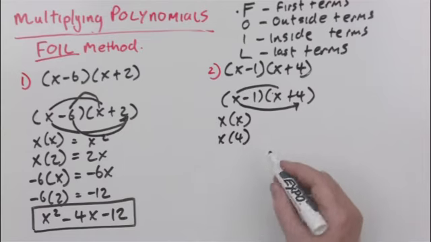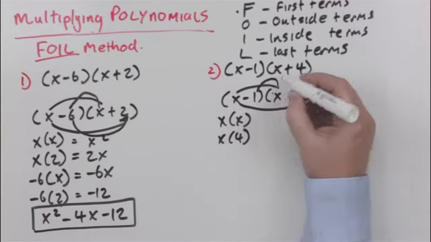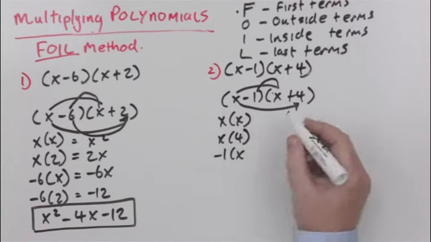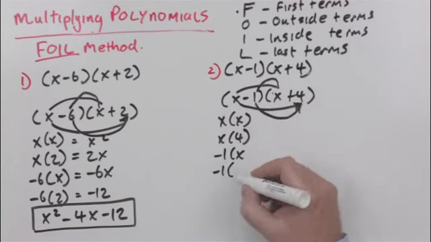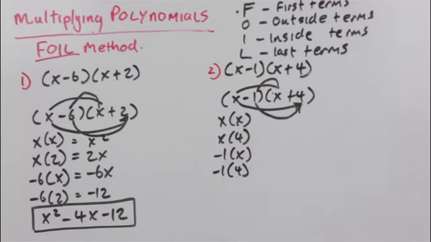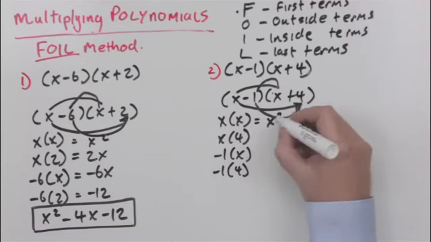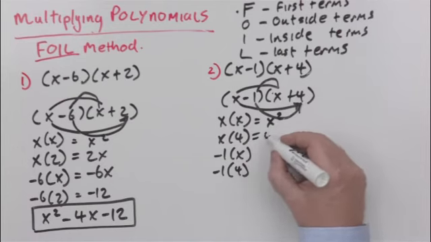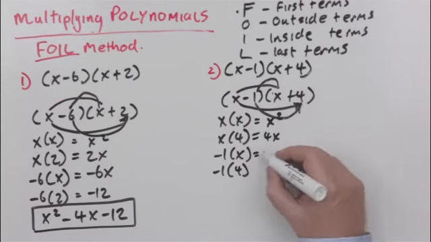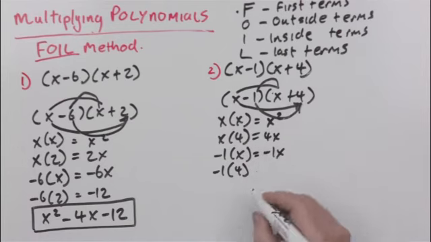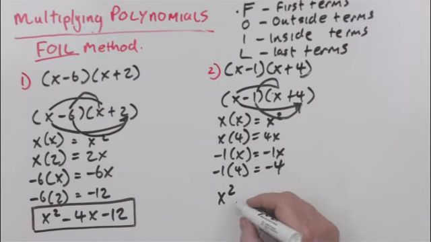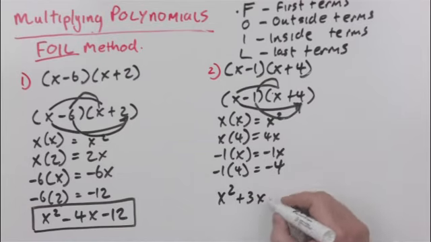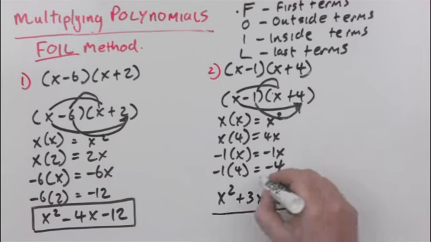Then the inside terms, negative 1 times x. And then the last terms, negative 1 times positive 4. Now I just have to multiply. x times x is x squared, x times 4 is 4x, this is negative 1x, and negative 4. So I have x squared, but I have to combine 4x and negative 1x, so that would be 3x minus 4, and that is the answer.